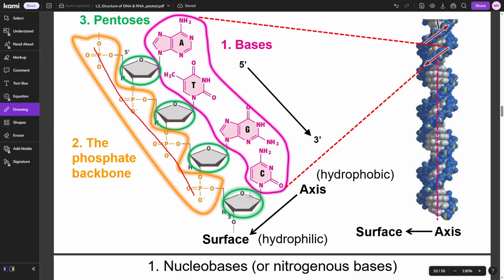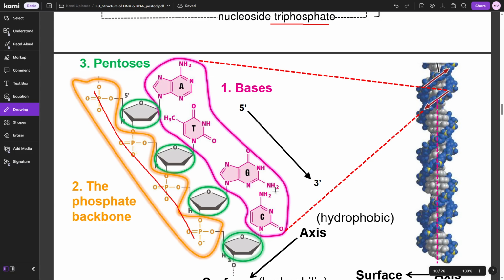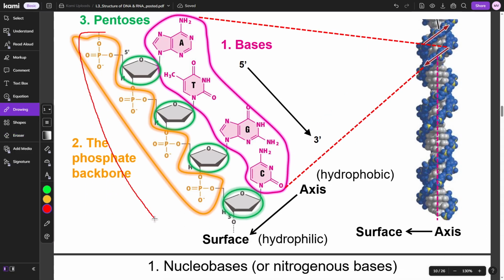And what you should know, that's very important, is that these bases are actually very hydrophobic because they've got massive aromatic rings, while the outside is actually very hydrophilic, which makes sense because the phosphates are negatively charged. There's a bunch of negative charges on them. You can see them here. 1 minus here, 1 minus here, 1 minus here. A bunch of negative charges.